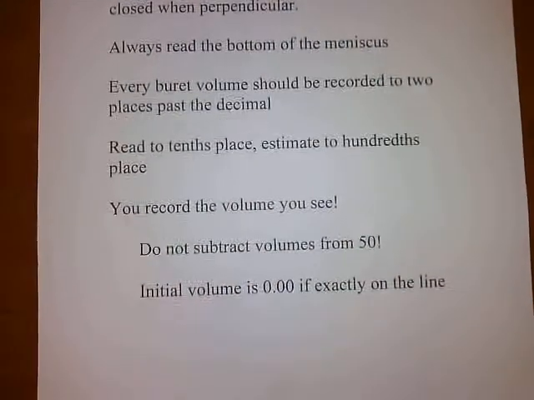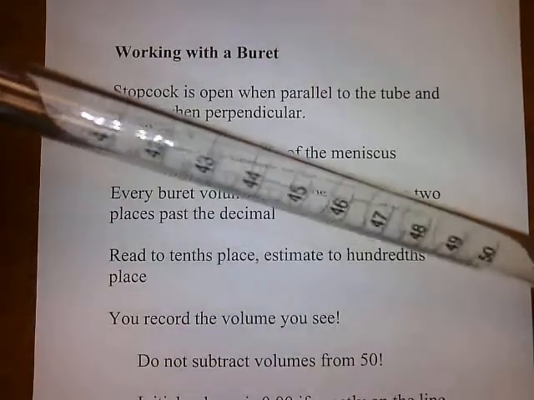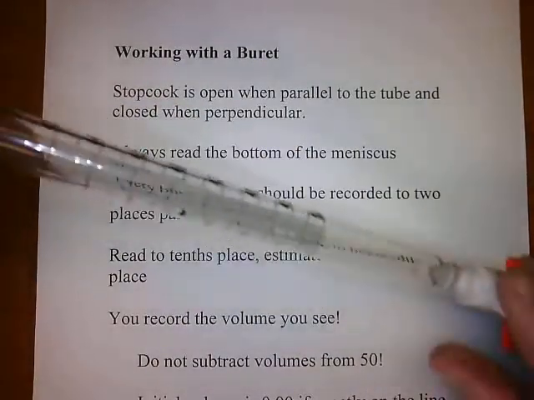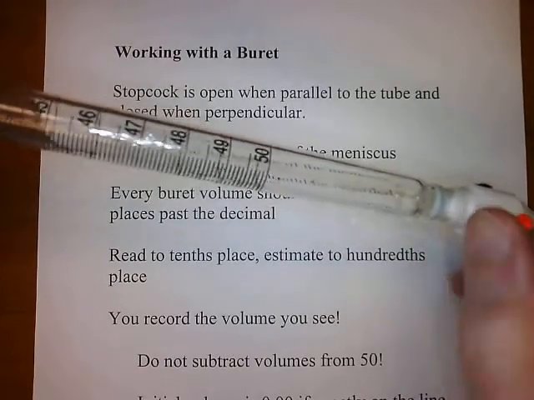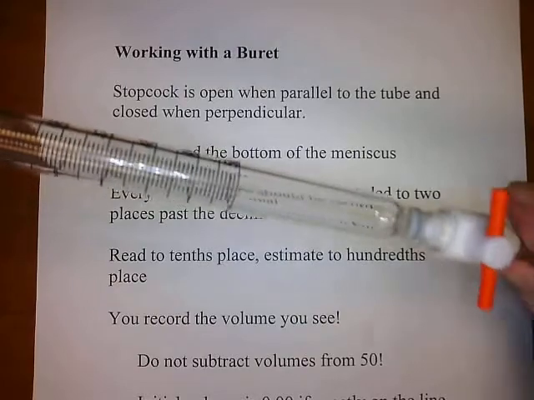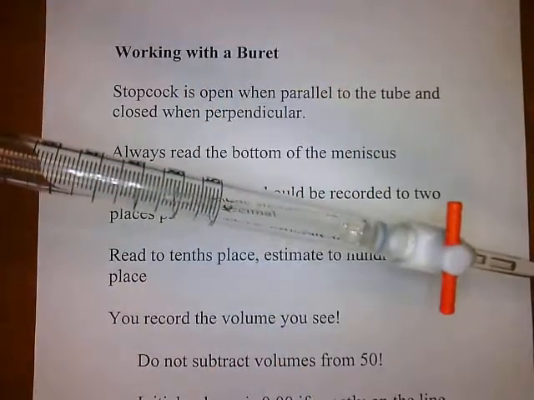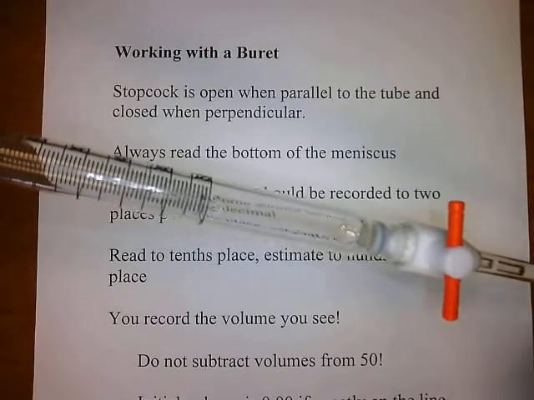Another thing about a burette is this thing at the bottom where you open and close during titration. That's called the stopcock, alright? So the stopcock is open when it's parallel to the tube and closed when it's perpendicular.